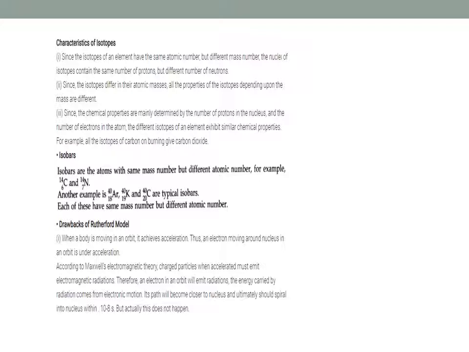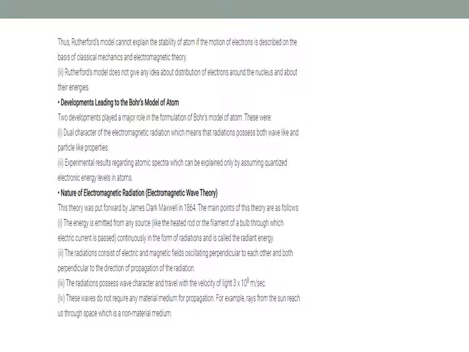Therefore, an electron in an orbit will emit radiations. The energy carried by radiation comes from electronic motion. Its path will become closer to nucleus and ultimately should spiral into nucleus. But actually this does not happen. Thus, Rutherford's model cannot explain the stability of atom.